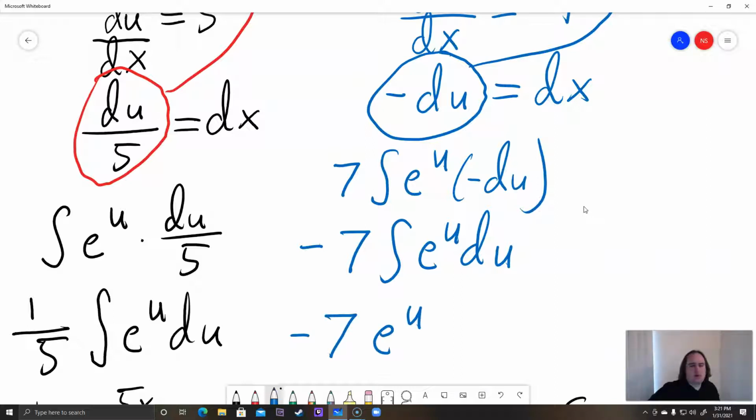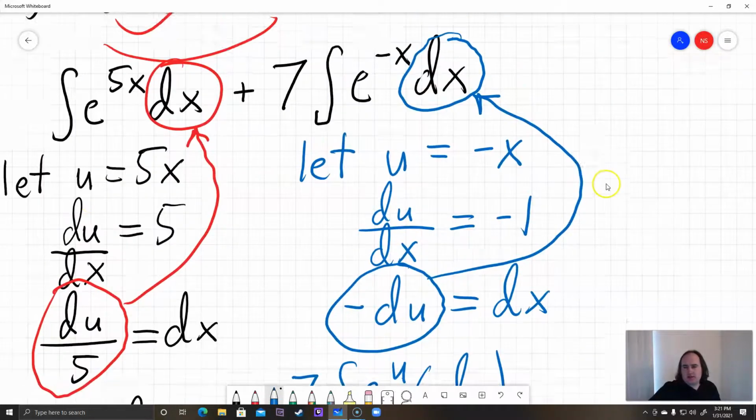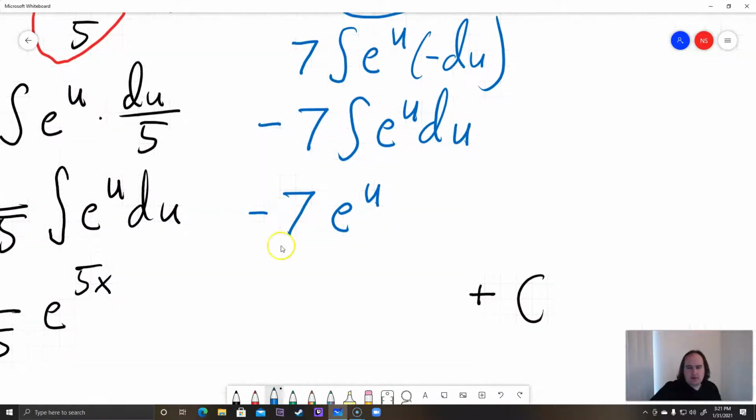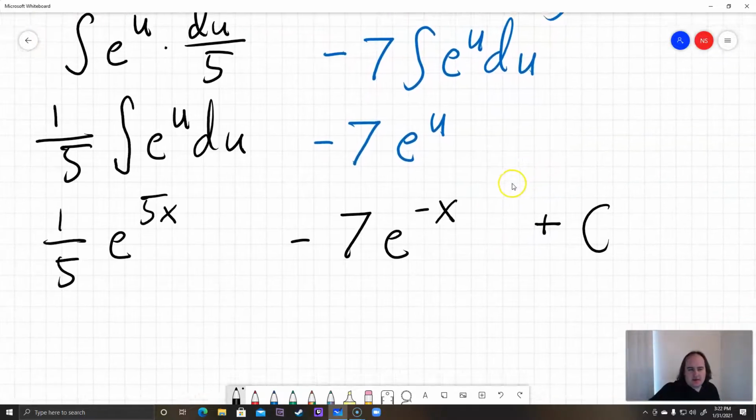But remember, this u is a different u than the first one. This is the u for the second integral. So when we plug it back in, it needs to be u equals negative x. So instead of negative 7 e to the u, we're going to have negative 7 e to the negative x. Okay, and that gets us to our answer.